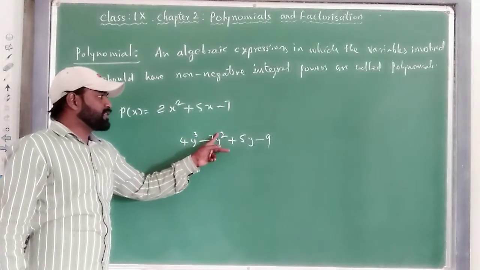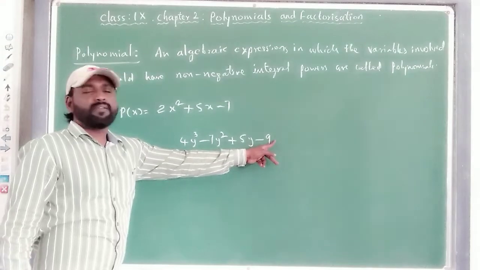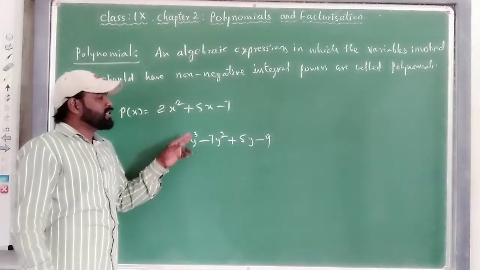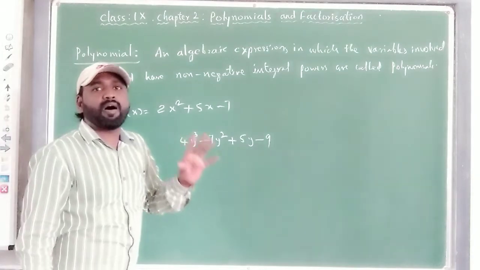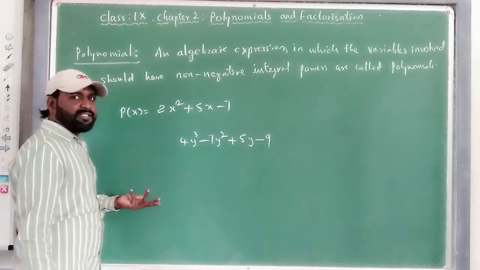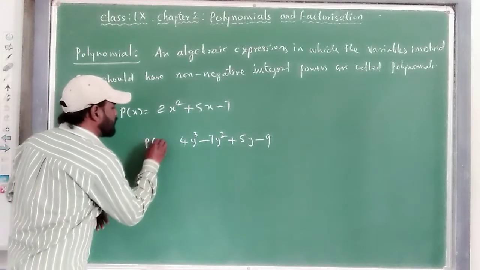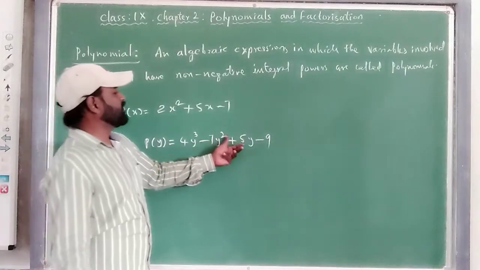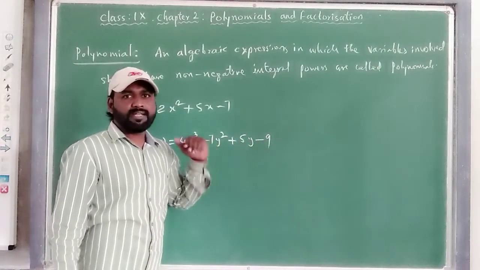Plus 3, plus 2, here plus 1, here the variable power will be 0. That means the exponents of the variable should have only positive integrals. Then only we can call it a polynomial. This is the polynomial in variable y. P of y is equal to 4y cube minus 7y square plus 5y minus 9.